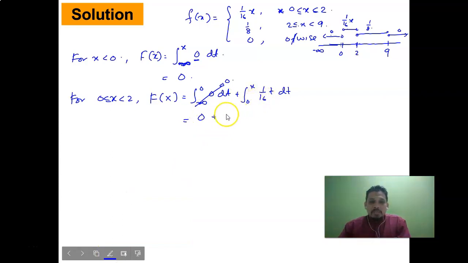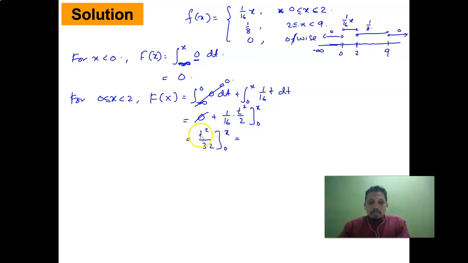0 plus the integral of 1 over 16 t with respect to t, which is t square over 2, from 0 until x. Ignoring this, we get t square over 32 from 0 until x.